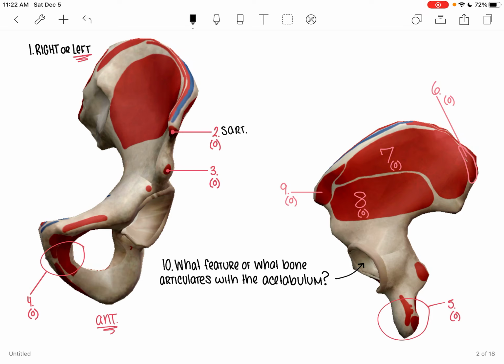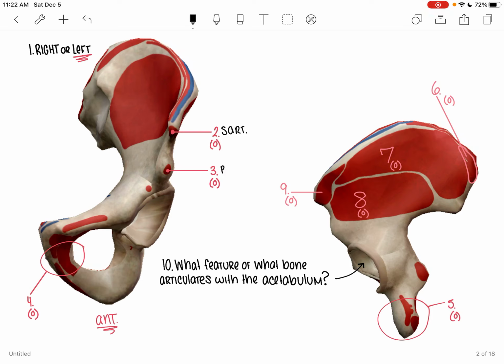For all of these muscles, origins, insertions, everything that we're going to go through in these videos, they are not a complete list, because that would make for very long videos, and you should be able to study a lot of this on your own as well. This is just a little practice, kind of similar to a practice practical, just a way for you to study. So keep that in mind as well.